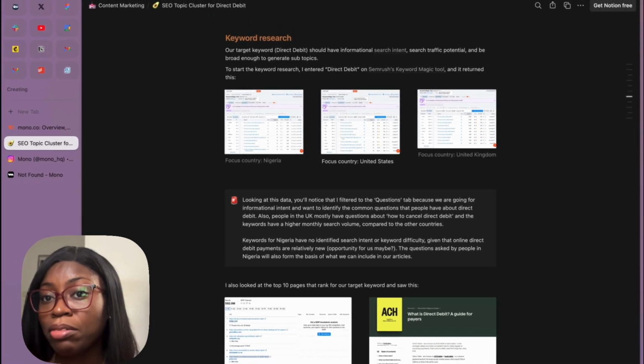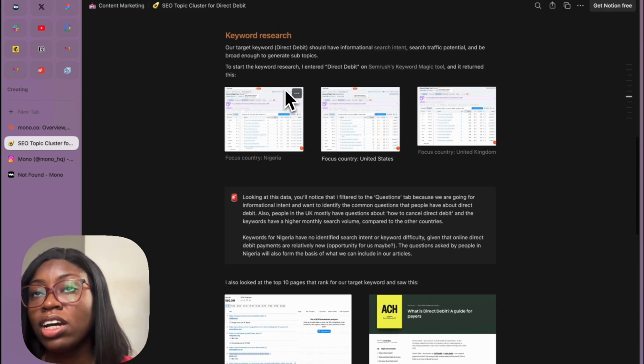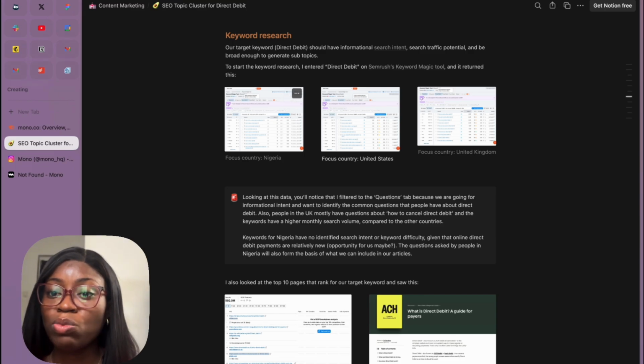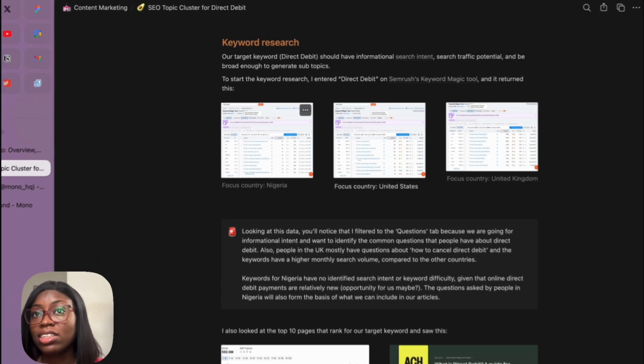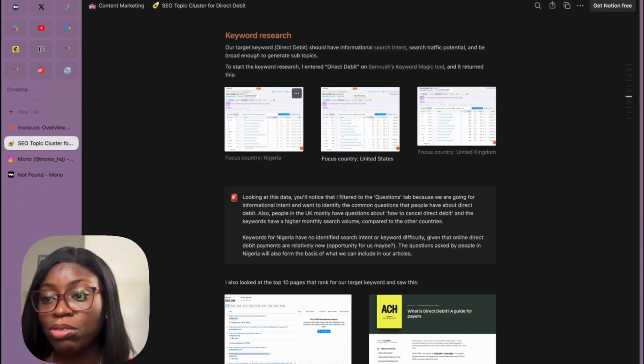At the time, there wasn't a lot of information on direct debit online because we had gone from physical mandates, where you had to walk to your bank and ask them to set up a mandate on your account. That was what people knew: physical, paper mandates.